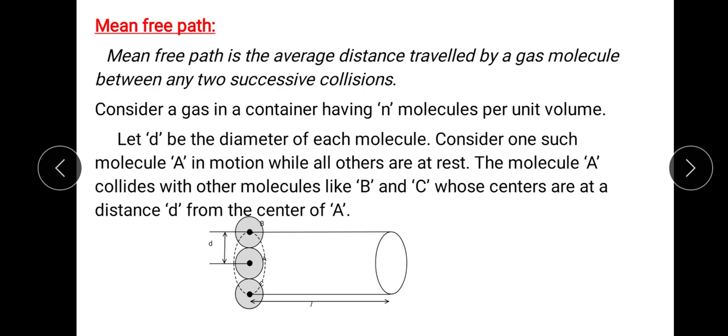So d1, d2, d3 may not be the same. It cannot travel the same distance between two successive collisions.